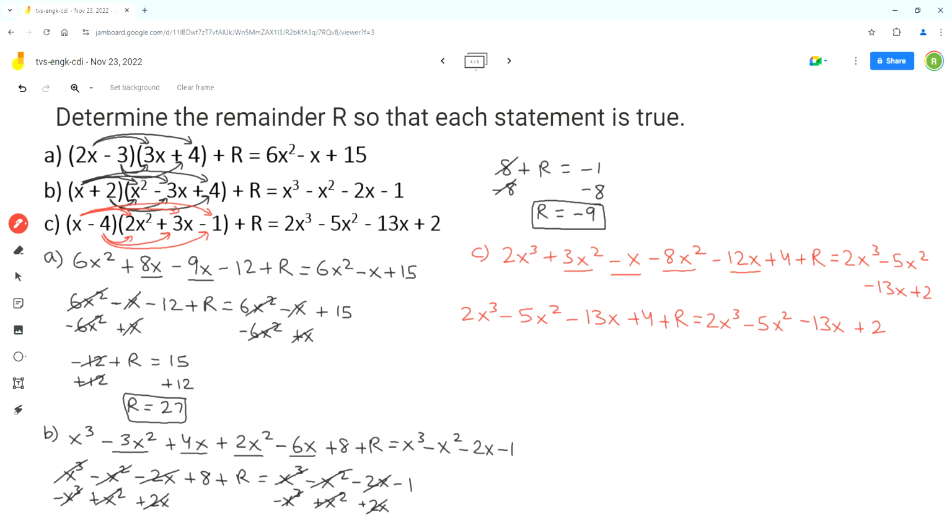Now we can combine the like terms on both sides of the equation. We can combine the x cubed terms by subtracting 2x cubed from both sides. We can combine the x squared terms by adding 5x squared to both sides.